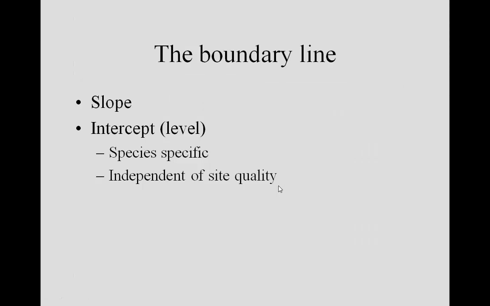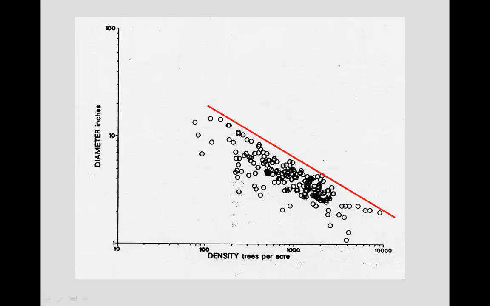Okay, so now something about that boundary line. First of all, now this is the school answer. The slope of the boundary line is constant. Remember, if we did this in a curvilinear form, if we plotted these data not with a log-log transformation, but with arithmetic axes, this wouldn't be a straight line.